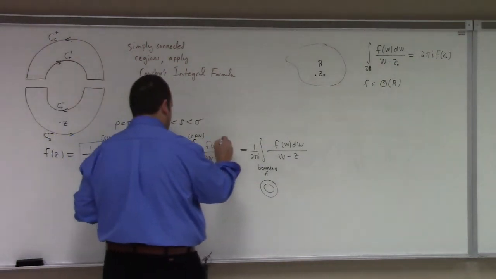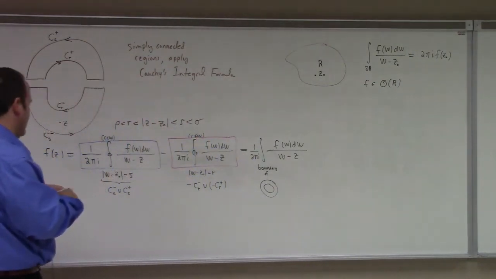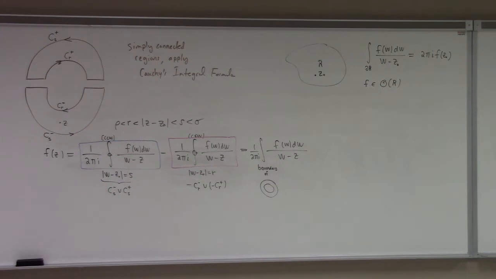Which one is going to be holomorphic? Allegedly one is holomorphic inside the green circle, and the other is holomorphic outside the red circle. Which one is holomorphic inside the green circle?